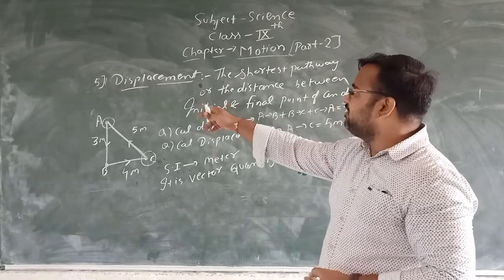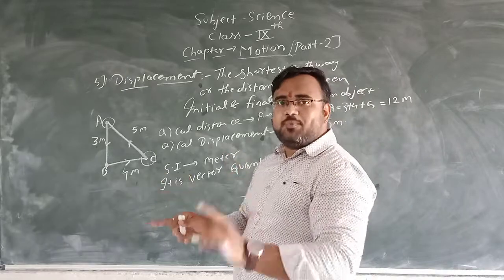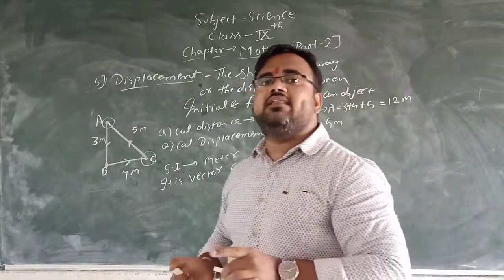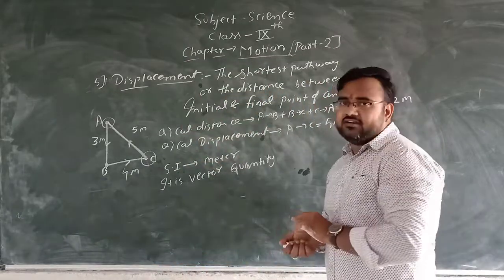So displacement is the distance between the initial point and the final point. Therefore, displacement is known as a vector quantity, because in displacement we follow the direction as well as the magnitude.